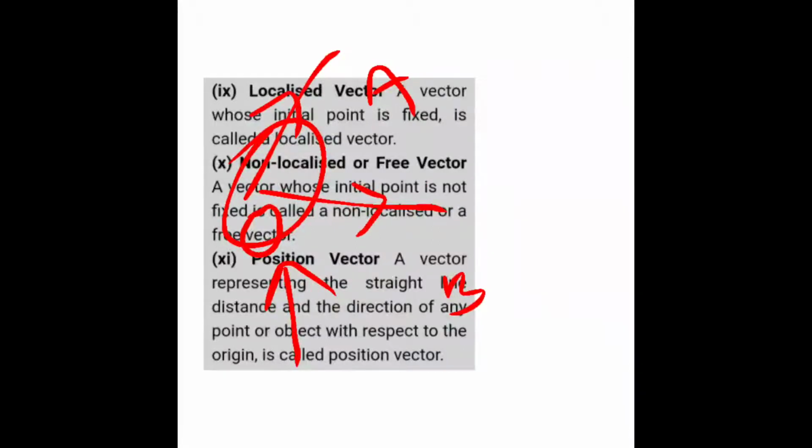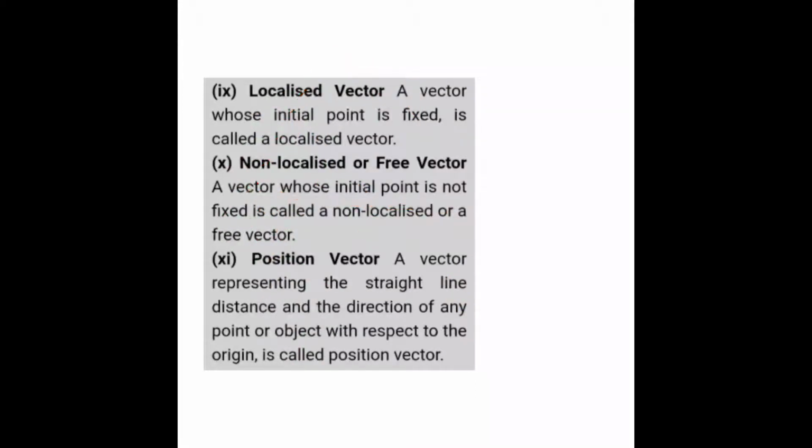But for a time being, if two forces are acting at the same point for a small period of time, then we say that is a co-initial vector. That means if two vectors start from a single point temporarily, we say co-initial, and if it is fixed, we say localized vector.